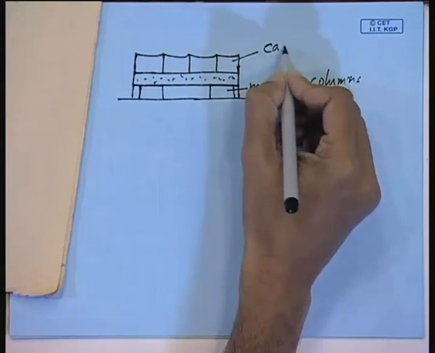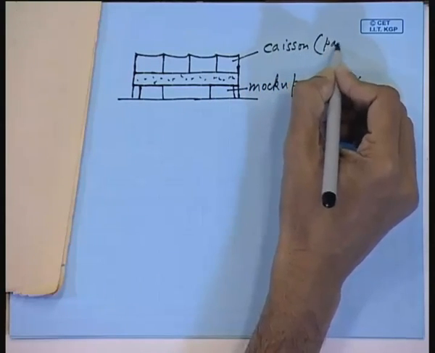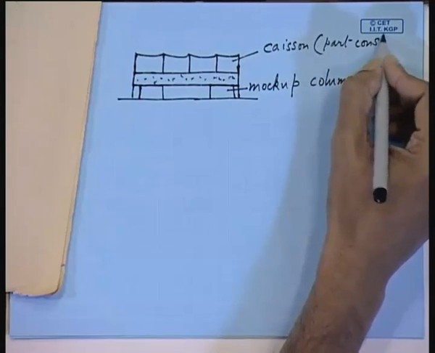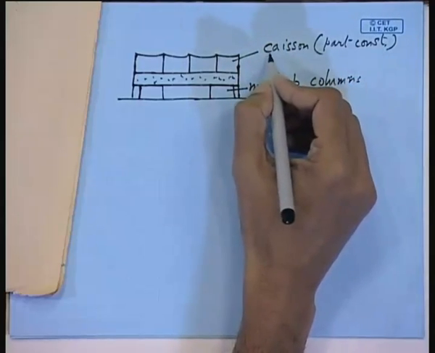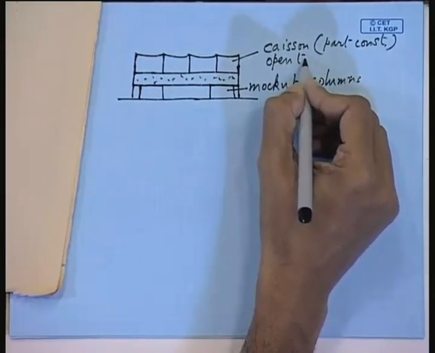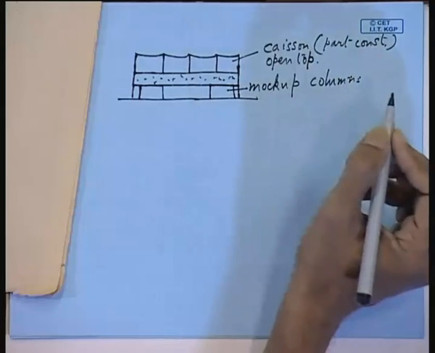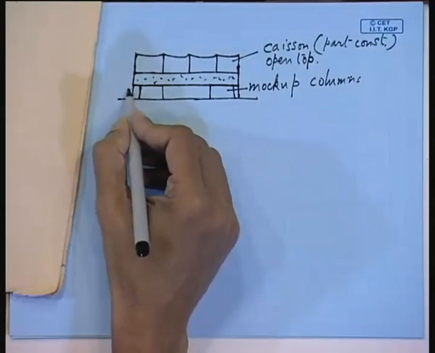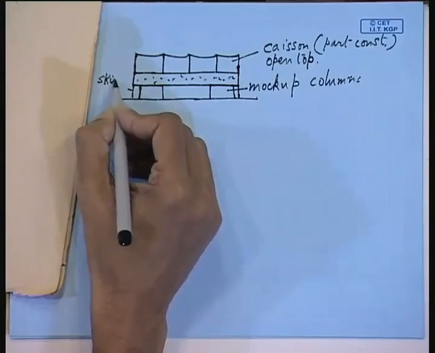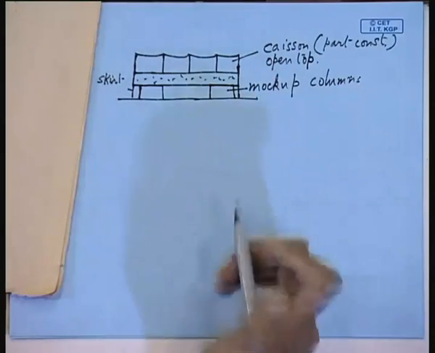So, caisson part construction, open top. Why is it like this? You can see in the shipyard they are not building the whole structure, only this part is made in the shipyard.